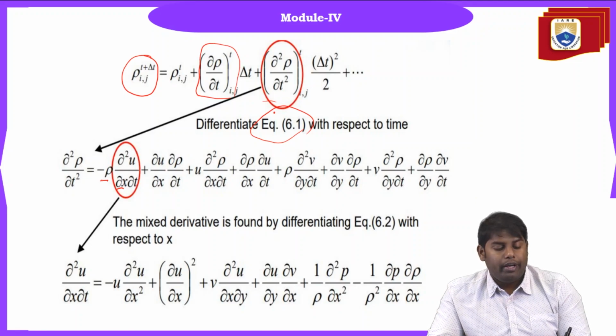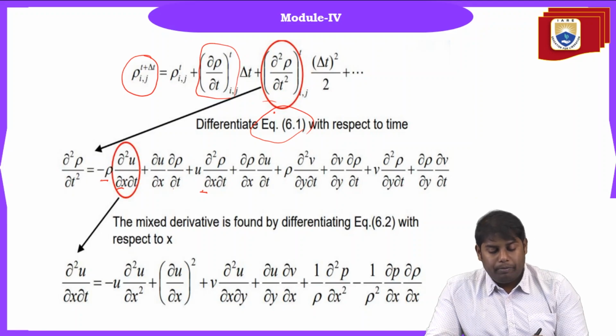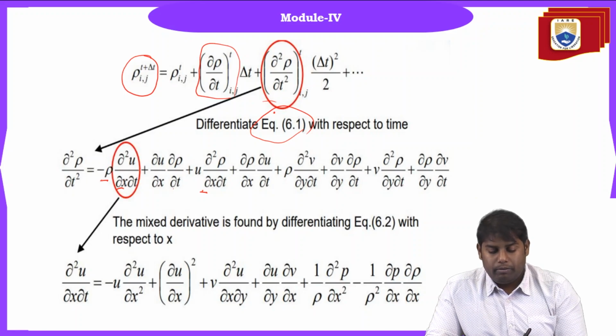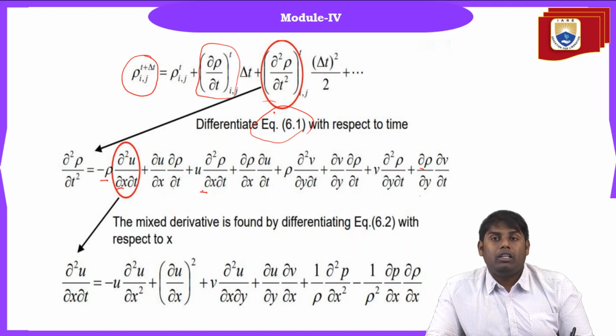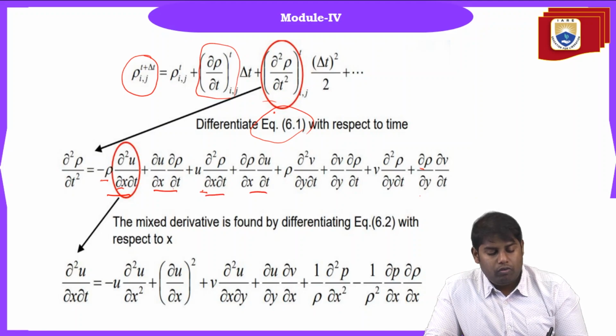Then ∂u/∂x into ∂ρ/∂t, plus u ∂²ρ/∂x∂t, plus ∂ρ/∂x into ∂u/∂t, plus ρ ∂²v/∂y∂t, plus v ∂²ρ/∂y∂t, plus ∂ρ/∂y into ∂v/∂t. So all these terms are involved. How many terms do we have? 1, 2, 3, 4, 5, 6, 7, 8.